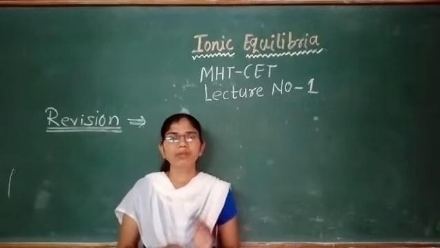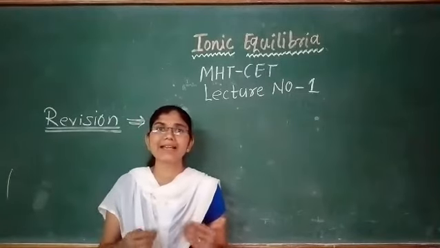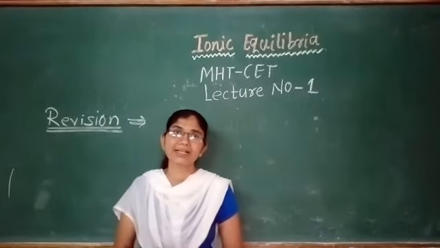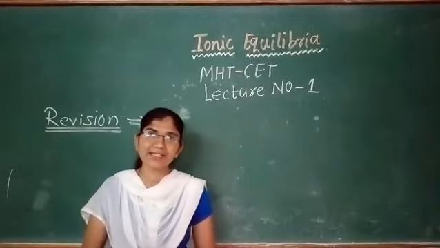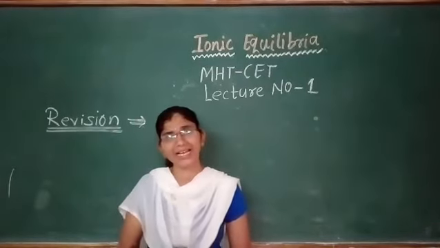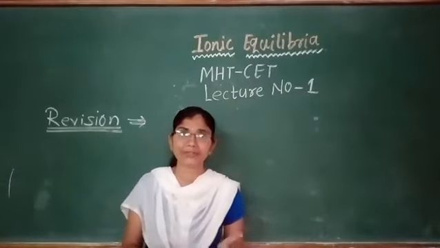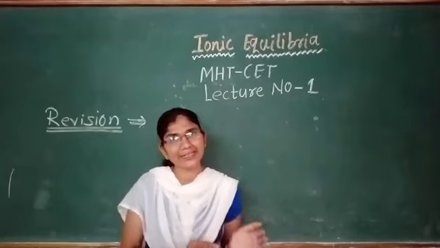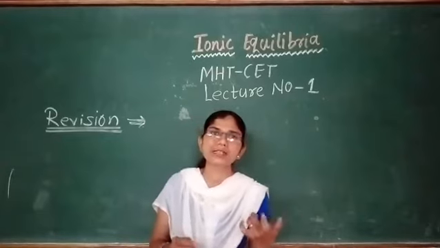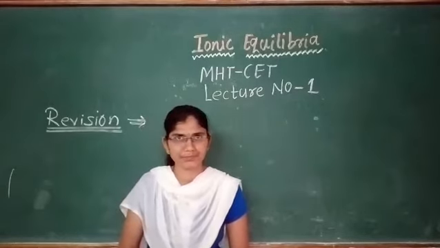Ions are formed from their parent atoms. Ions are the charged species. Either they carry a positive charge or they carry a negative charge, and they are formed from their parent atom. Therefore there is a difference between atom and ion, because when the atom loses or gains an electron, at that time the ions are formed.